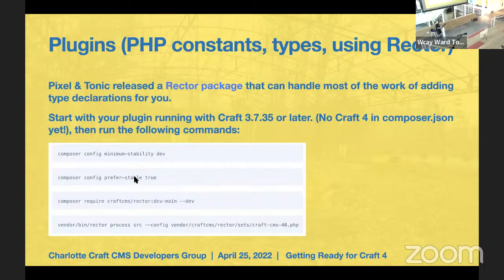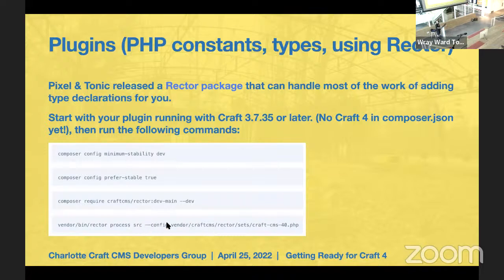Prefer stable true. And then you want to require this new package as a dev dependency, Craft CMS Rector, and then you run this script, vendor bin rector process src config, and you call the actual plugin. So this is an example of calling up their set.